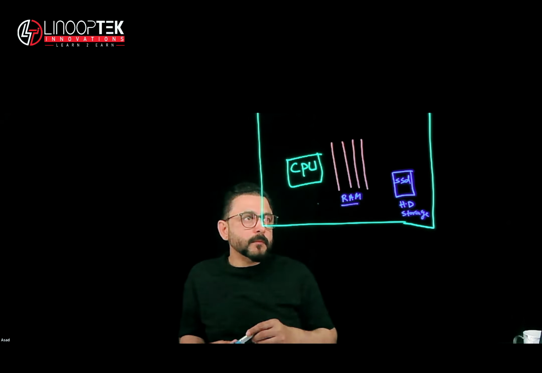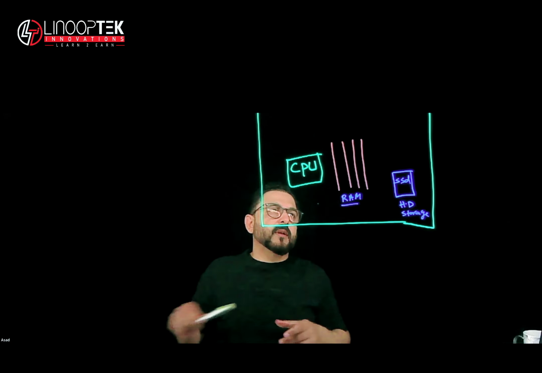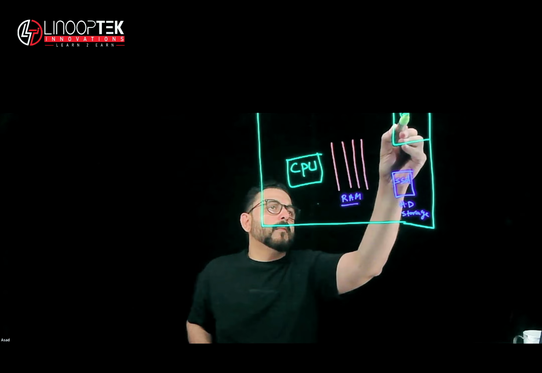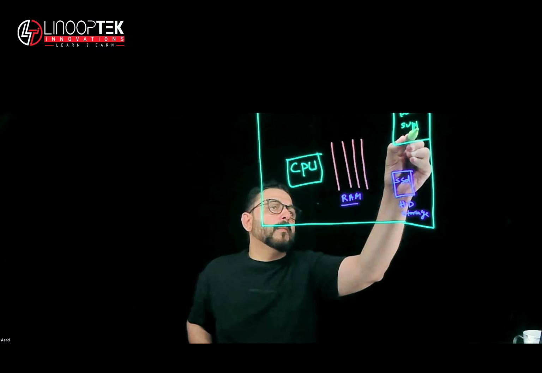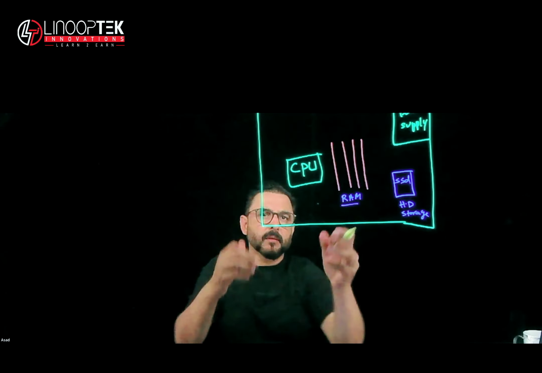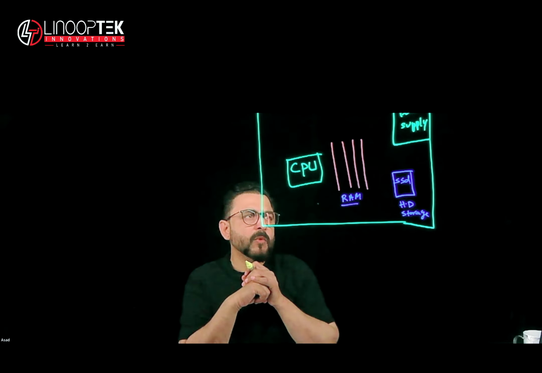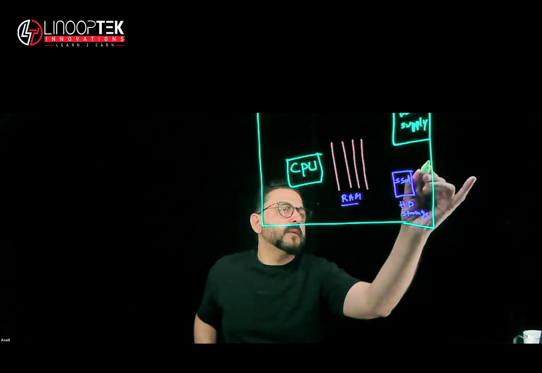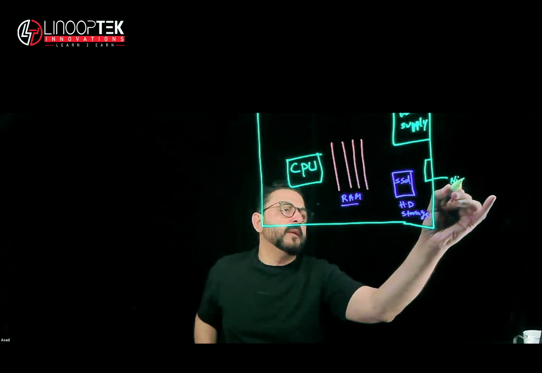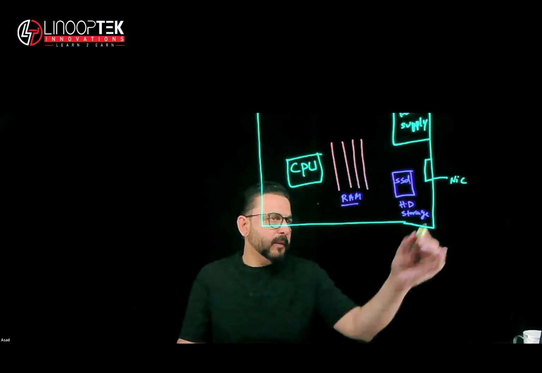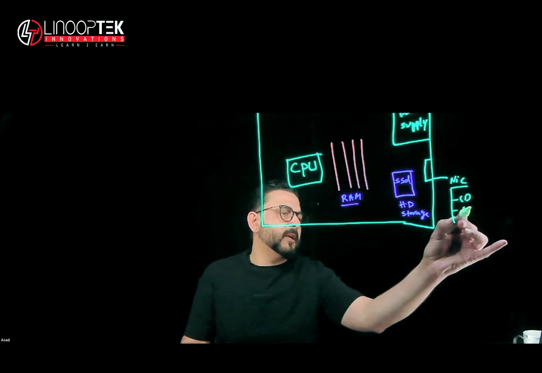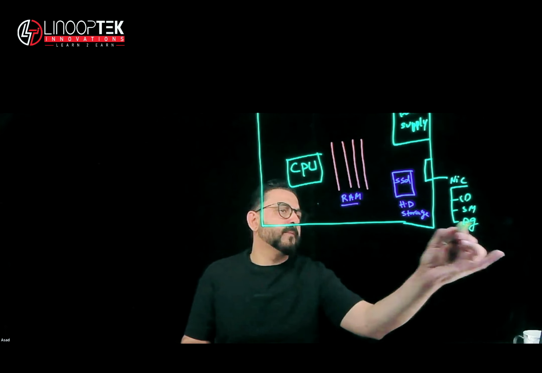And then there is a power supply over here. The power supply basically runs the power to all of these components. What else? In the back over here, you usually have a network card. NIC, network interface card. This NIC gets the good stuff like IP address, subnet mask, and the default gateway.